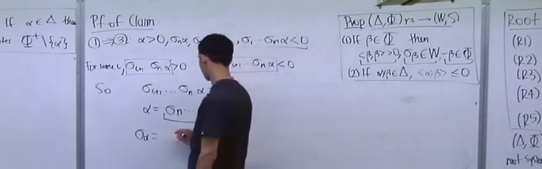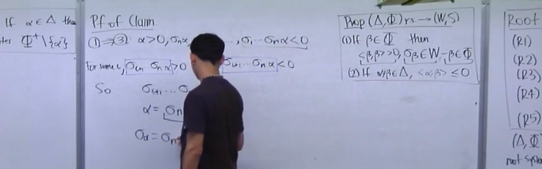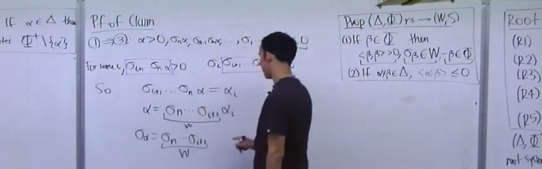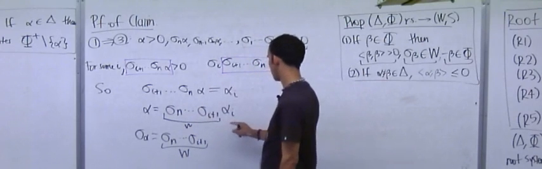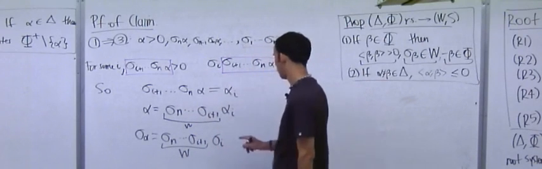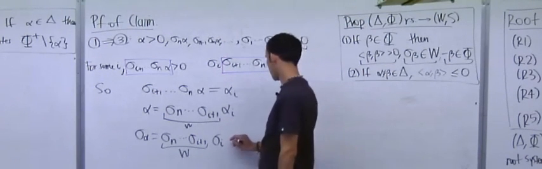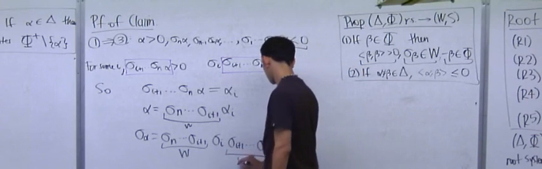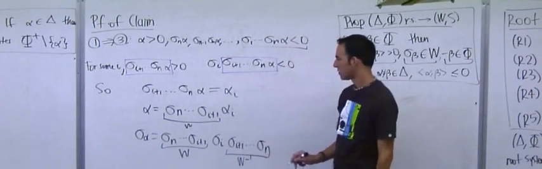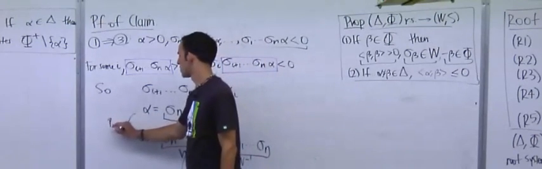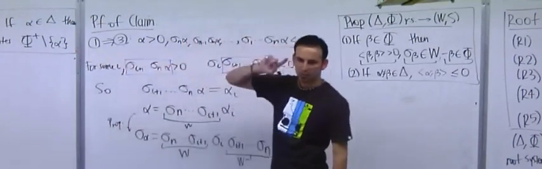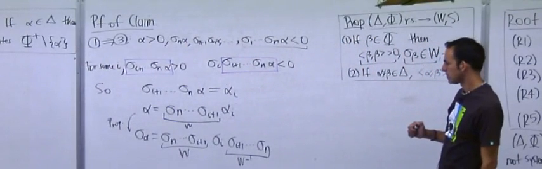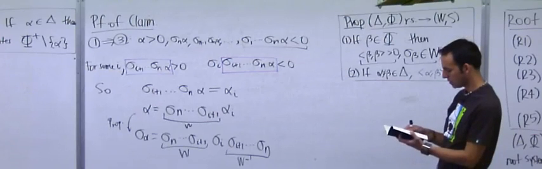That is w, then sigma i, which is the reflection corresponding to this, and then w inverse, which is just obtained by reversing the word. So here I'm using the first part of that proposition that I had written up on that board. So that is sigma alpha.